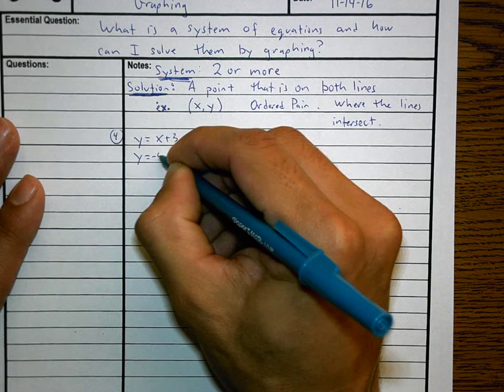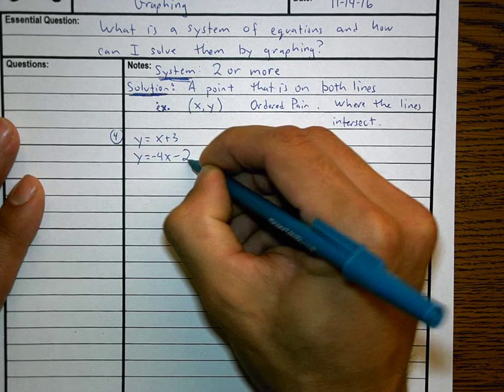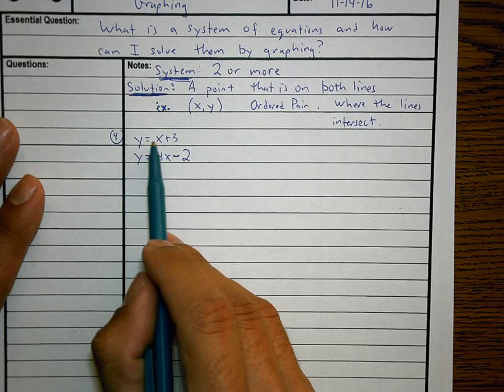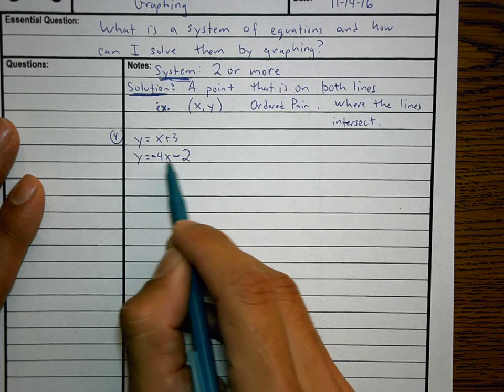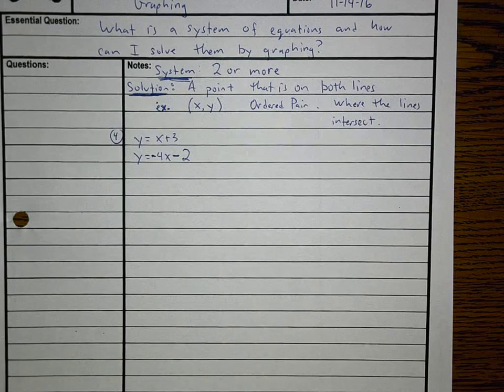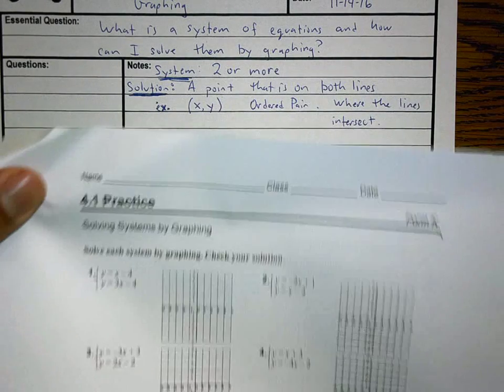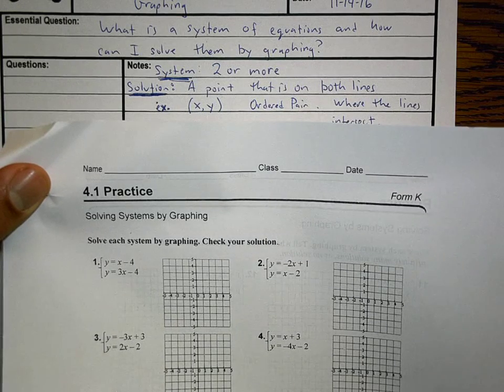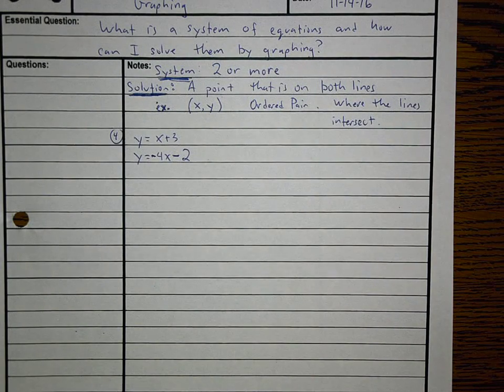Y equals negative 4x minus 2. Your directions will say something along the lines of solve each system by graphing, check your solution. That's what it's going to say. So that's what we're going to learn how to do.